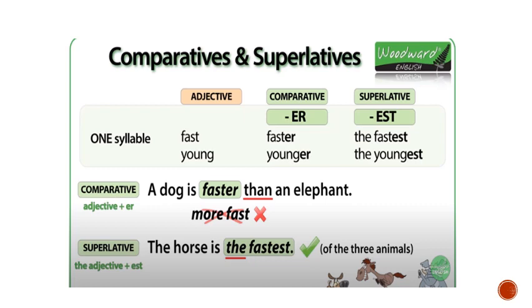The example here. Comparative. A dog is faster than an elephant. We do not say more fast. So more fast is wrong. Superlative. The horse is the fastest.